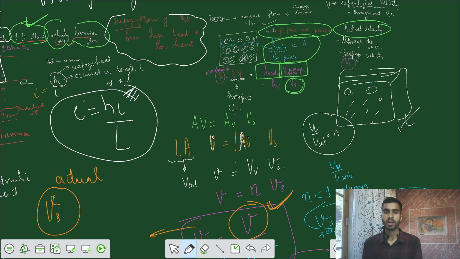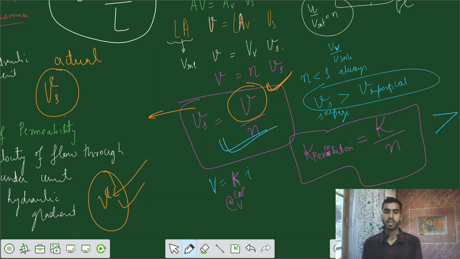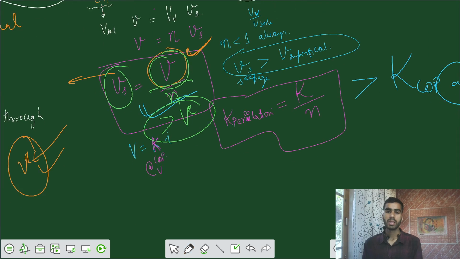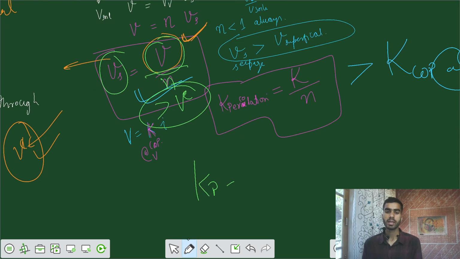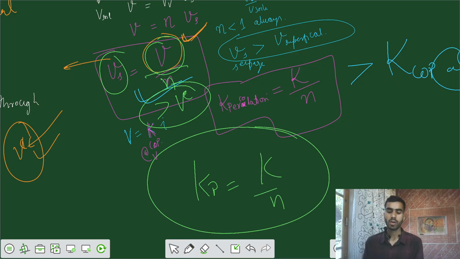When we equate based on continuity, we get the actual seepage velocity equals the superficial velocity divided by porosity, which is always greater than the superficial velocity. Similarly, the coefficient of percolation equals K divided by n. Okay, that was all we had talked about.